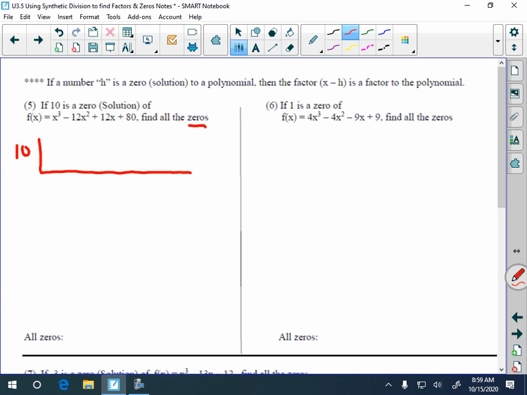All right, so we take positive 10, and we're going to synthetically divide. Right, and we should get a remainder of 0 because it's saying that 10 is a solution. 10 is going to get you 0 in the remainder. All right, so bring the 1 down, multiply, add down. Okay, so we'll just go through the process of synthetic division.